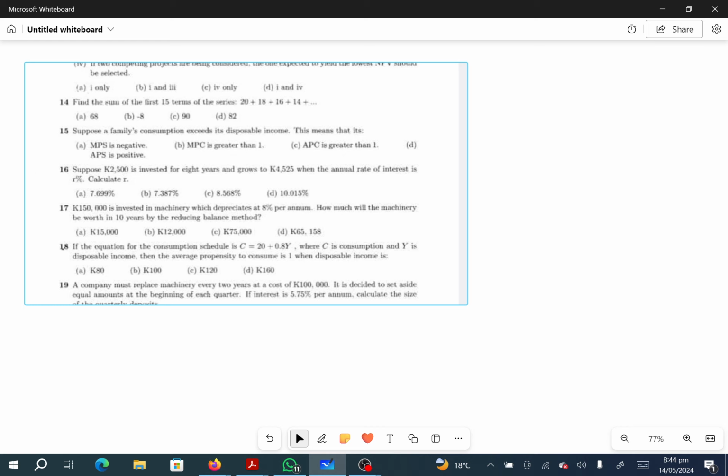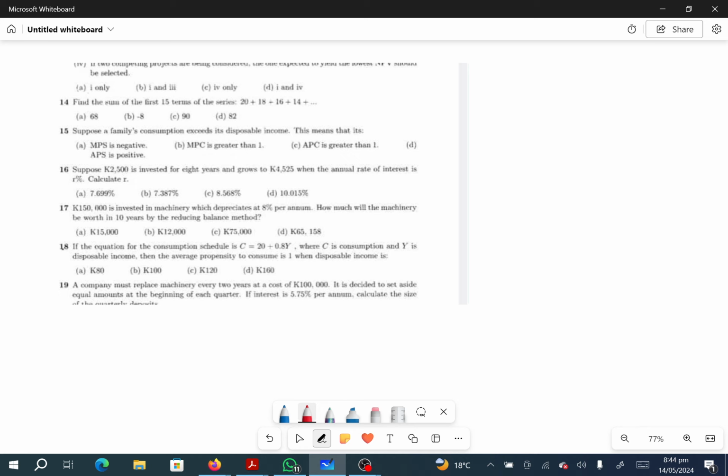So we can say our data, data given. We have been given the initial cost, so we can say C is equal to 150,000.